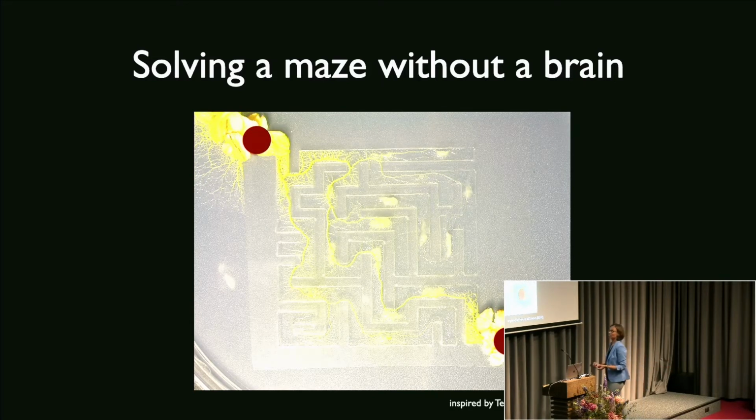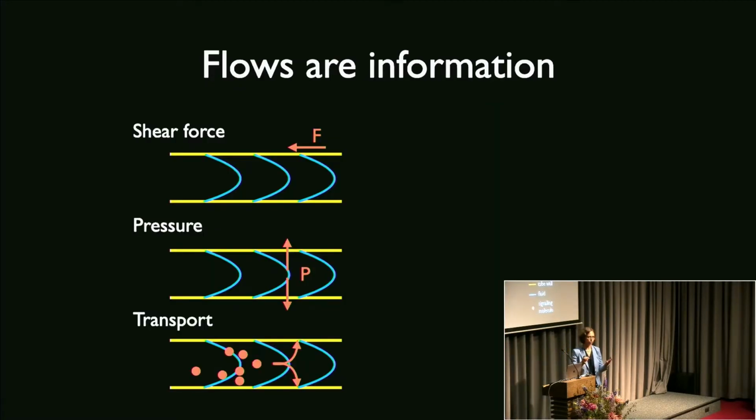My task today is to convince you that we can aspire to understand this complex behavior as a function of the fluid flows that are flowing through these tubular structures. Because if we think about flows and we zoom into a single tube, then just by having flow, the flows provide information to the tube.